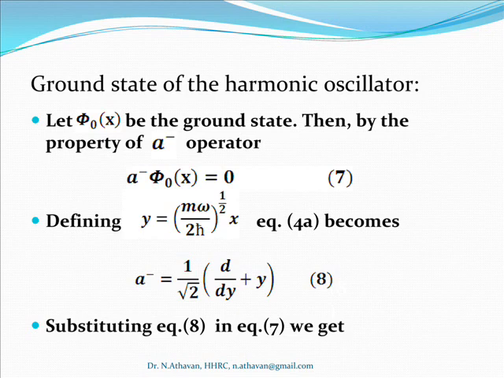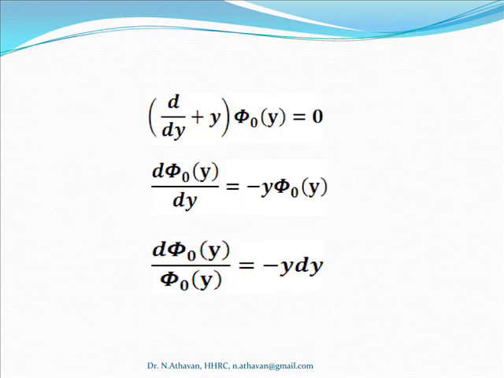Now we define a new variable y, which is equal to the square root of m omega by 2 h cross into x. We can write equation 4a as A minus is equal to 1 by square root of 2 into (d by dy plus y). I said previously that the A minus operator is a differential operator, so one can verify that with the expression of equation 8.